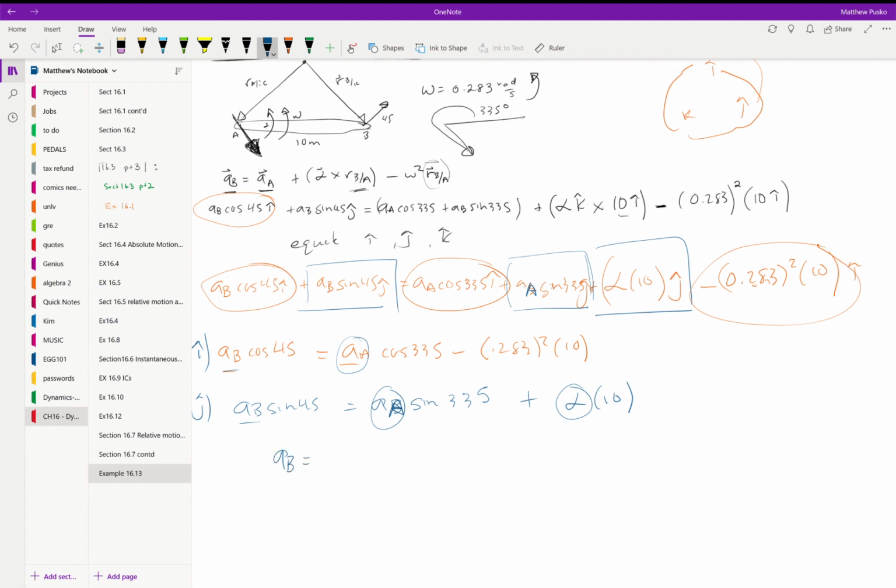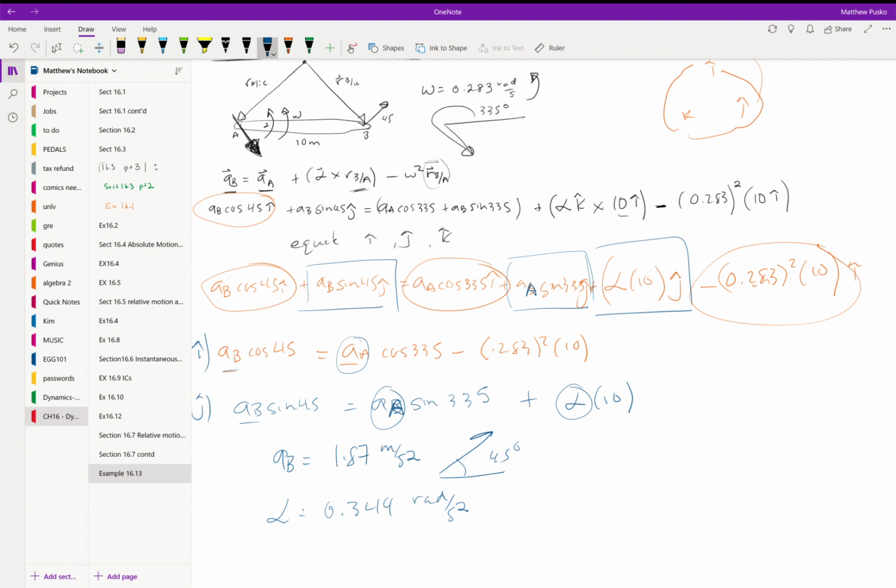Acceleration of B is 1.87 meters per second squared, and it's going to be going up at an angle of 45. We can tell that from the picture. It's not coming off the surface. And plugging back in, we get an alpha of 0.344 radians per second squared.